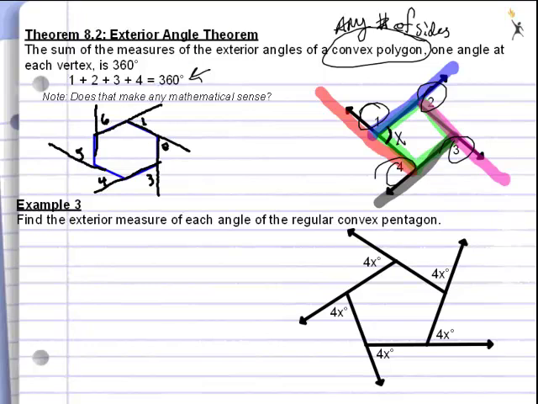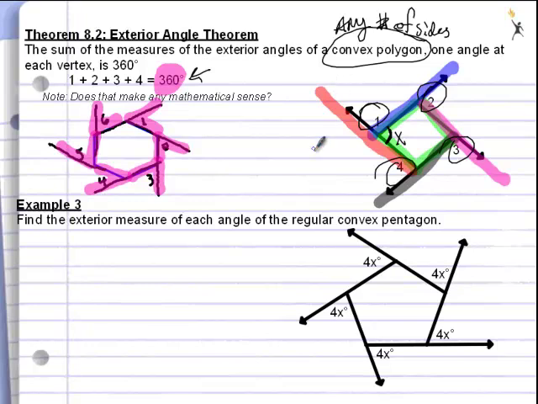All of these exterior angles have to add up to 360 degrees. It doesn't matter if the shape has 6 sides. It doesn't matter if it has 4 sides. The exterior angles always add up to 360 degrees.